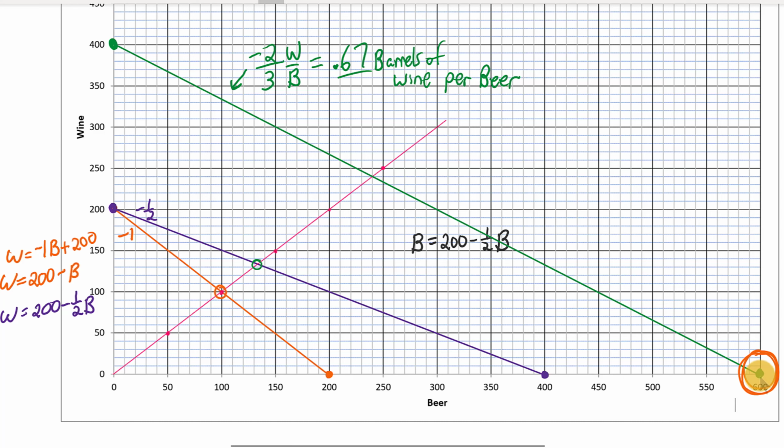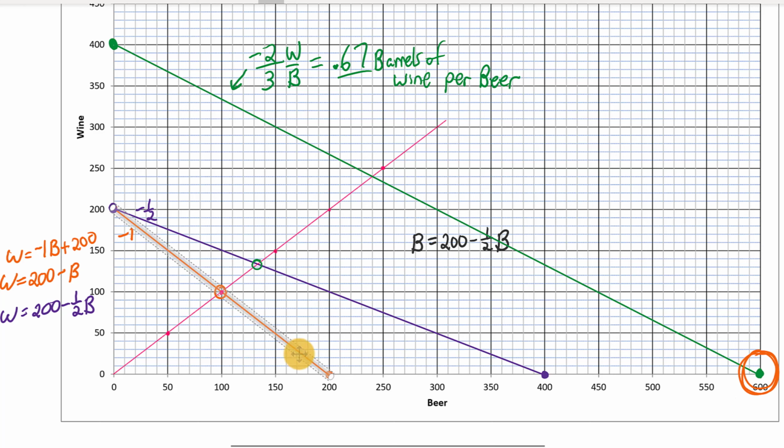Which country are we going to tell to make the wine? Is it going to be the United States, where as we make wine, we give up 2 barrels of beer? Or is it going to be the French, where as they make wine, we only give up 1 barrel of beer for each unit of wine? Correct. The answer is the French should be the first people we tell to make wine.